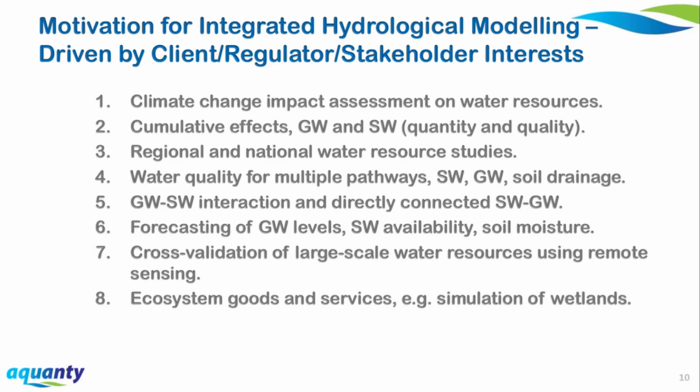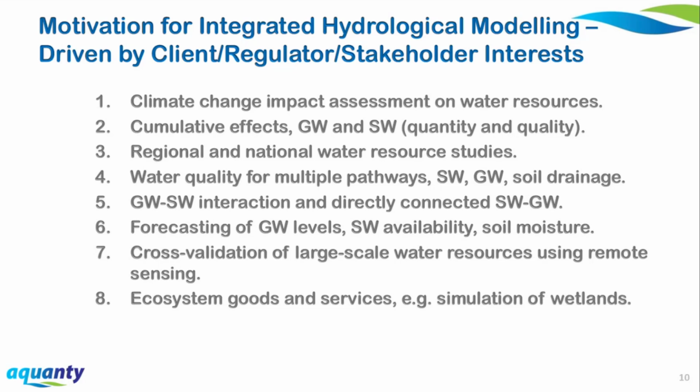Regional and national water resources studies, we're seeing a lot of application there. Water quality for multiple pathways: surface water, groundwater, perhaps tile drainage, so in the agricultural field. Traditional groundwater-surface water interaction is obviously still quite a common application for integrated surface-subsurface models.